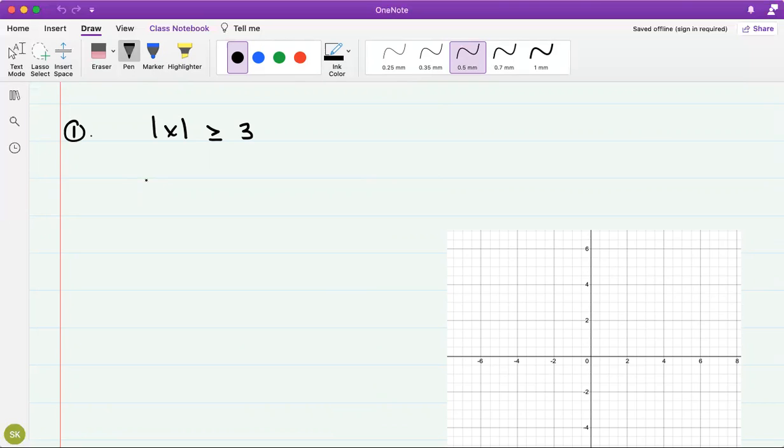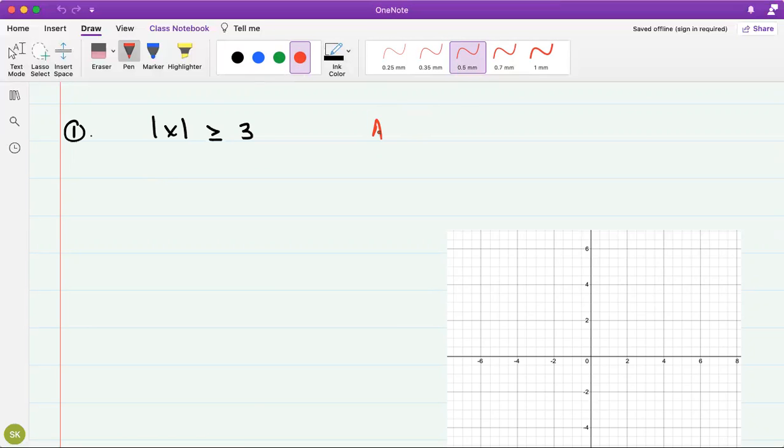So this one is pretty easy. It says the absolute value of x is greater than or equal to 3. So I'm going to show you a couple ways to answer this. Whenever you have an absolute value equation or inequality, you always want to isolate the absolute value. So let's write that down.